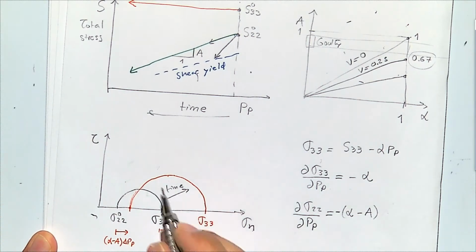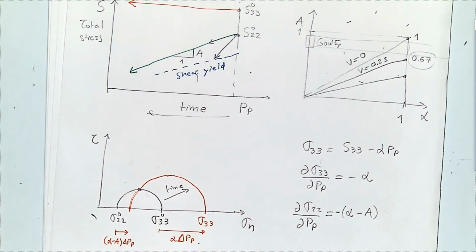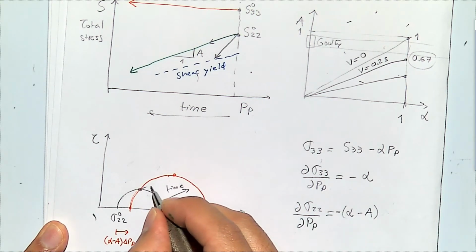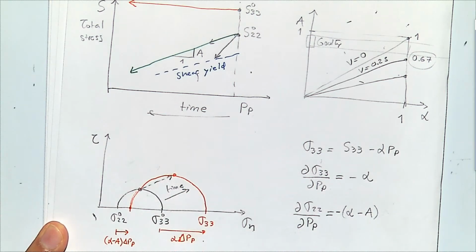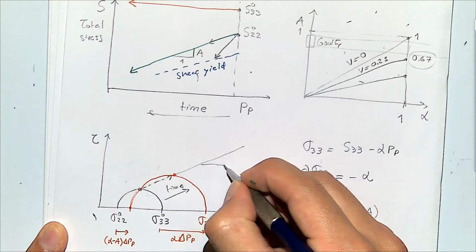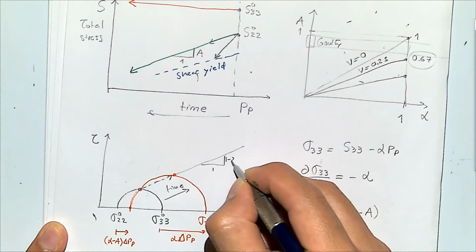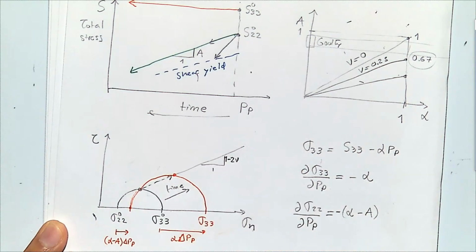And how steep this line is from the center of this circle to the center or the apex of that one, how steep it moves is going to depend on the Poisson ratio, and that's actually going to be a line which is like this. I'm not showing a demonstration of this, but just believe me for now that this is going to be the result, that the smaller the Poisson ratio, the bigger is going to be this slope.